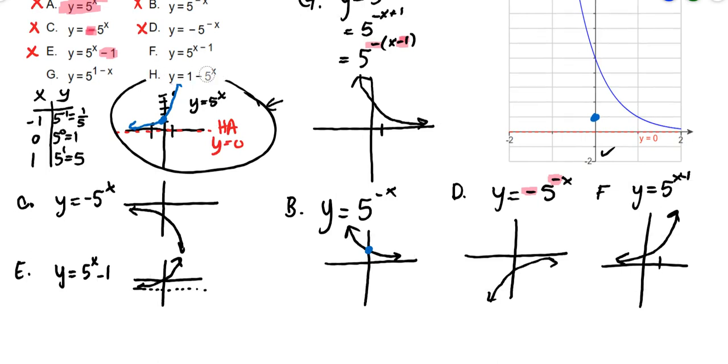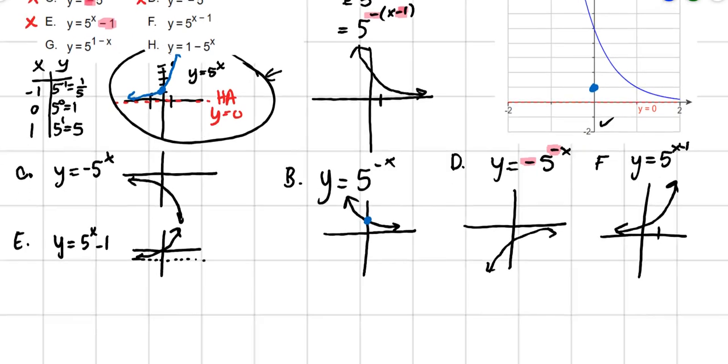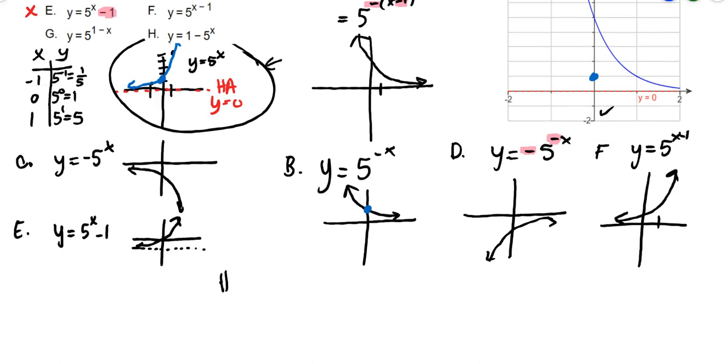Let's see this last one here. Answer choice H. So y equals 1 minus 5 to the x. I'm going to rewrite as -5 to the x plus 1. So this negative reflects it vertically, and this 1 shifts it up.